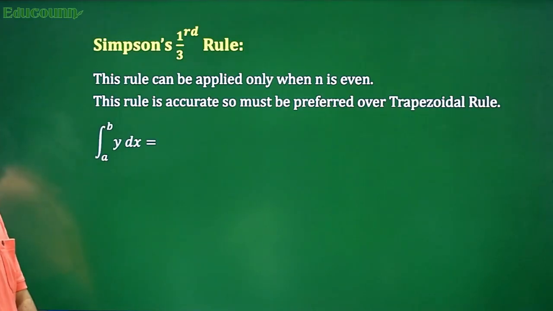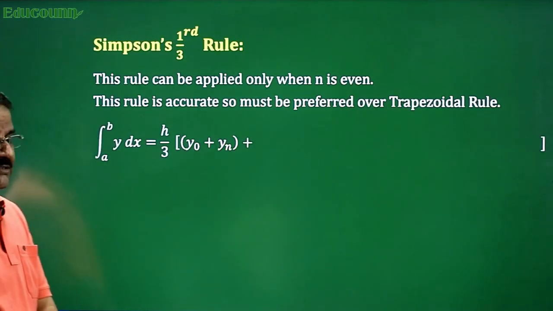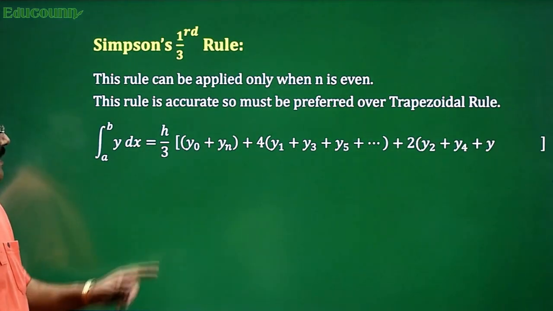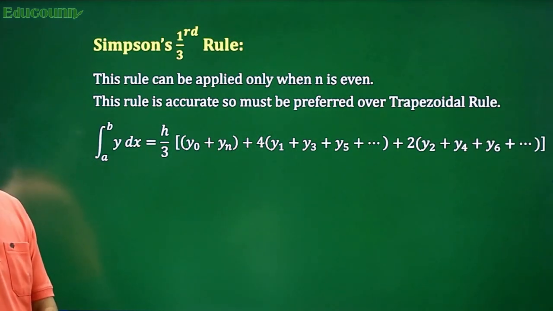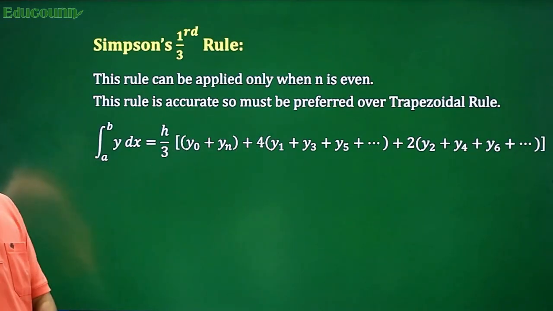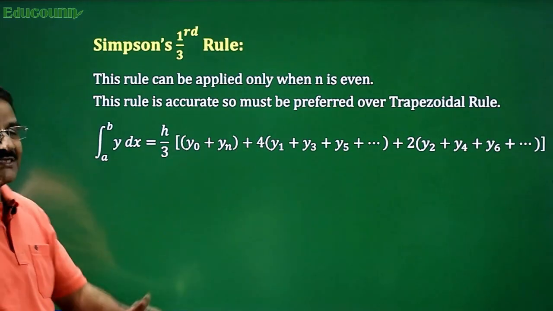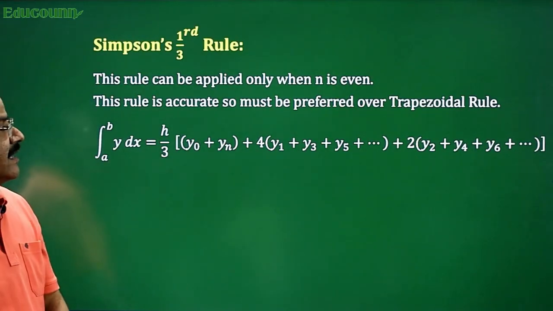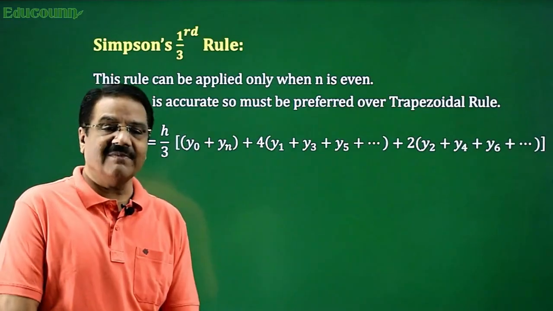Okay, now let us see what is the formula for this. Here the rule name is 1/3 rule. Here outside the bracket h/3 is present, and the first part is the same as that of the trapezoidal rule, y0 + yn, means initial reading plus final reading. Then we are having two brackets in between.